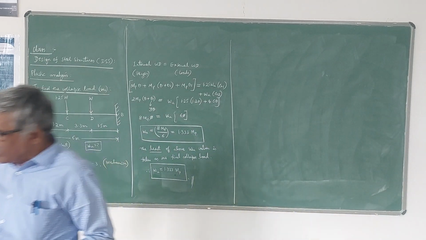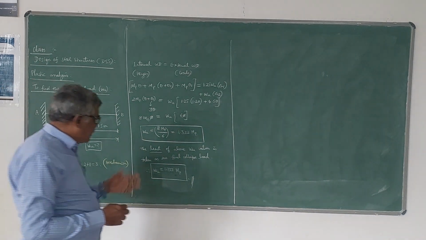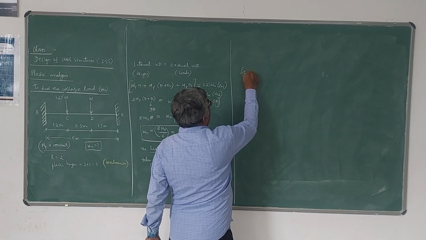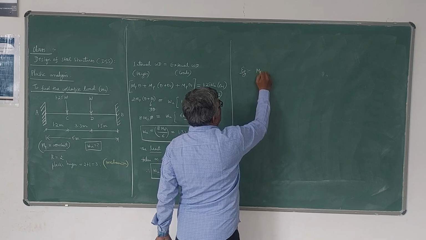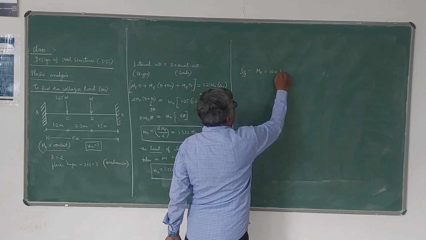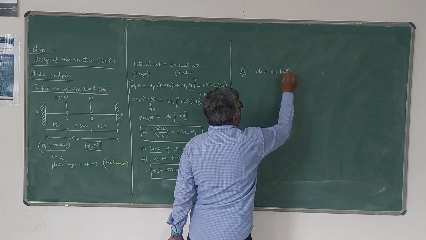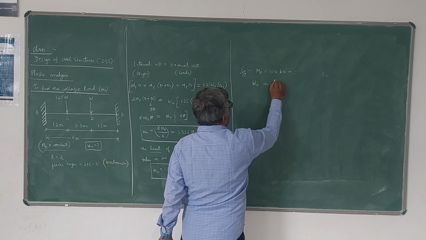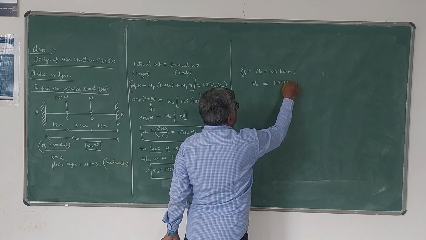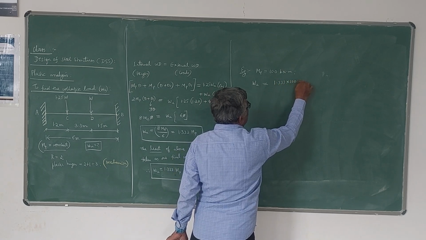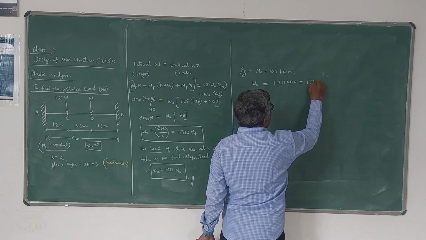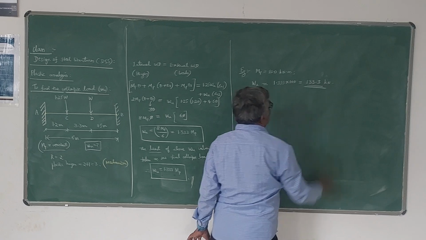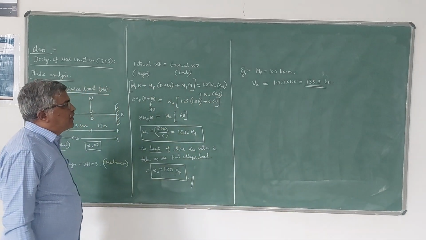Till that stage is reached, you can apply the load. If MP is equal to 100 kilonewton meter, what is the value of WU? So WU will be 1.333 into 100, which is 133.3 kilonewton. So up to this you can apply the load.